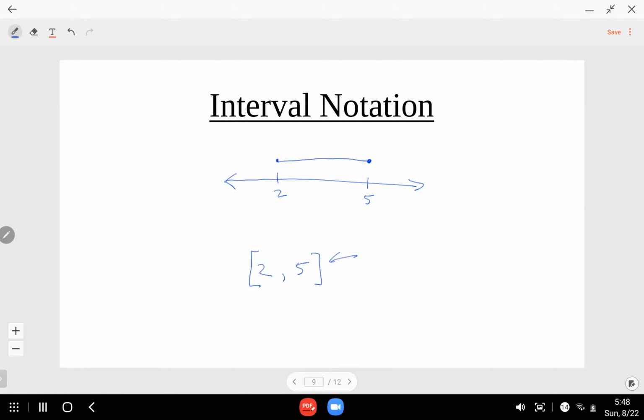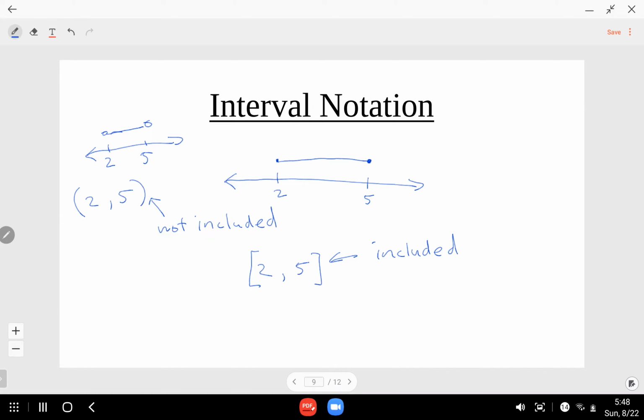Square brackets mean they are included. Now, if you have 2 to 5 with open circles, that means not included, so you use parentheses, 2 to 5, but not included. Great. Any questions?